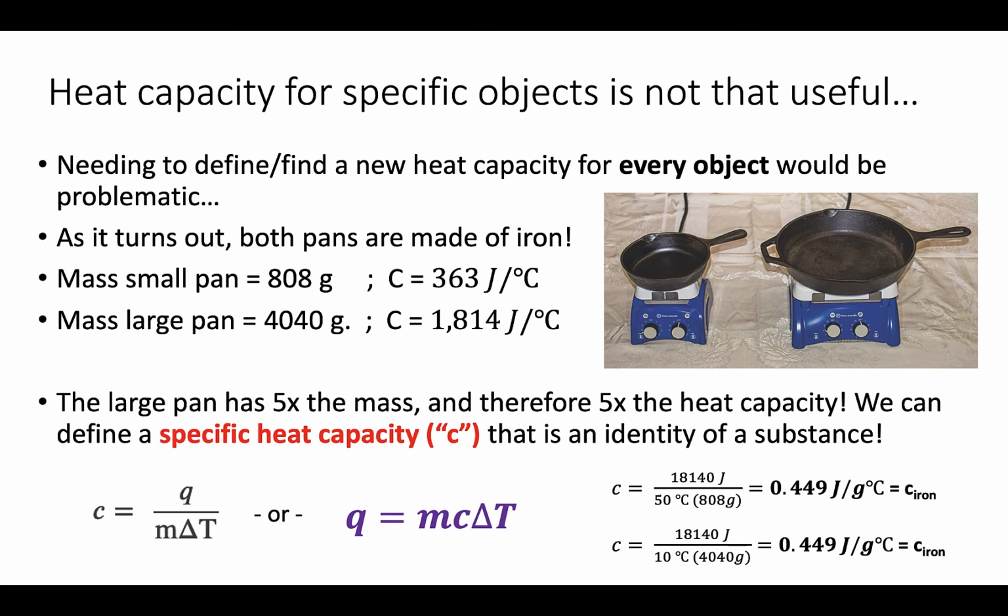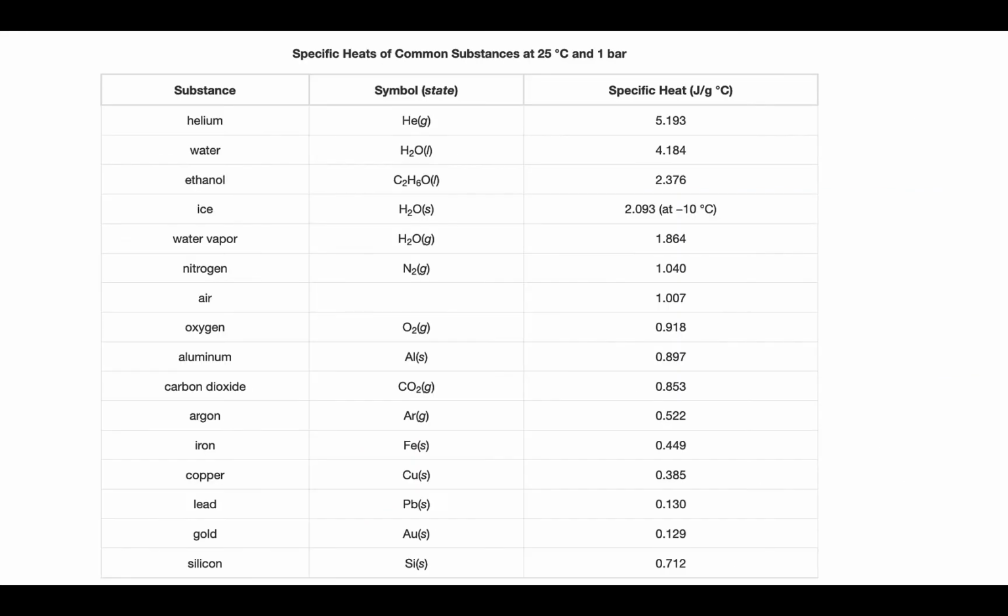But by and large, we're going to be using this specific heat capacity as we are going to want to define the heat capacity not based on a specific object, but on a material. And so we've shown here, based on this calculation, that iron has a specific heat capacity of 0.449 joules per gram degree Celsius, and that's regardless of which pan the iron is in.